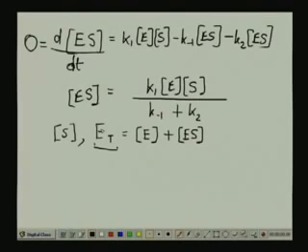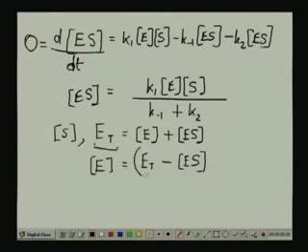Okay. So, now if I change the expression and instead of the enzyme concentration, I write ET minus ES, I can write this for the free enzyme.